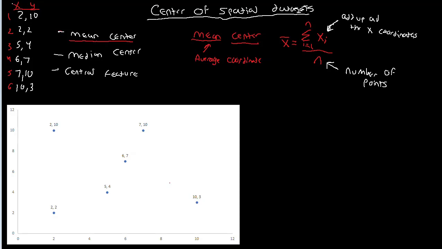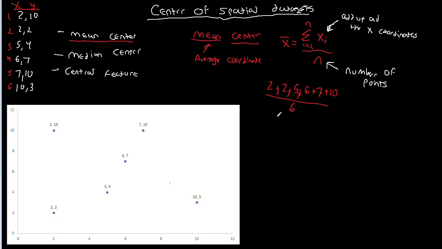Okay, so let's go ahead and apply that equation here. Sum up the x coordinates. That's going to be 2, 2, 5, 6. Actually, instead of using commas, let's use pluses, because we're adding them together. Plus 7 plus 10, divided by, well, we have 6 points, so divided by 6.